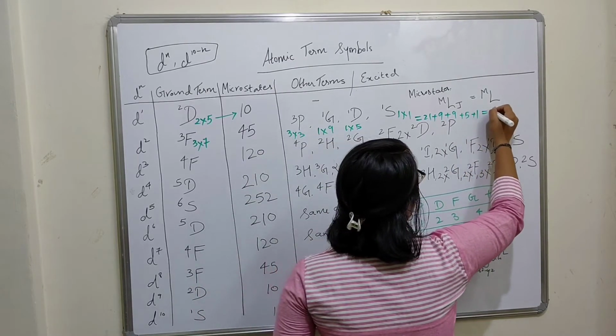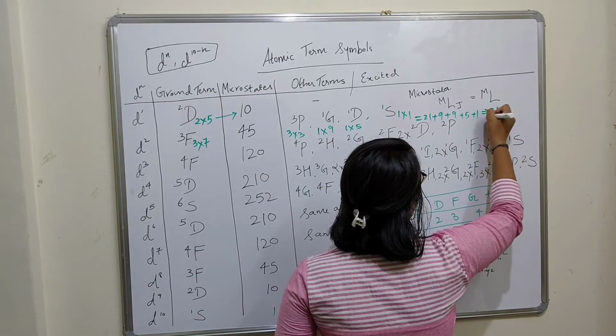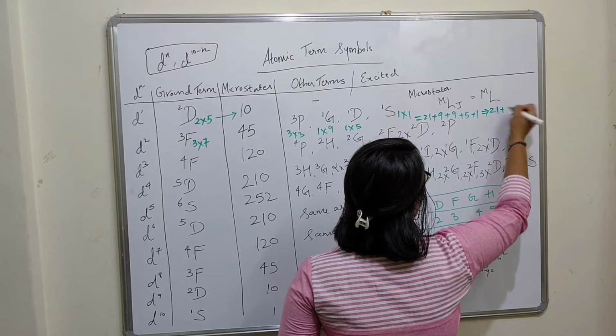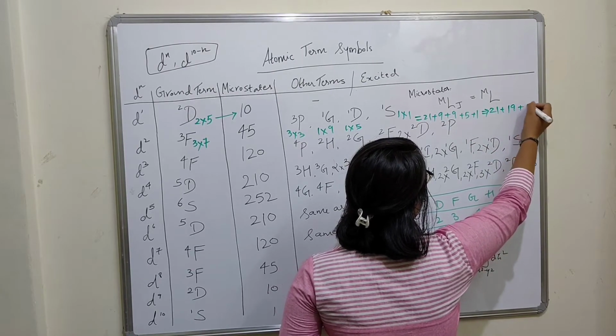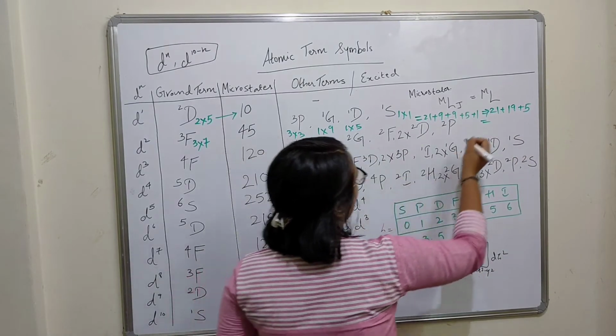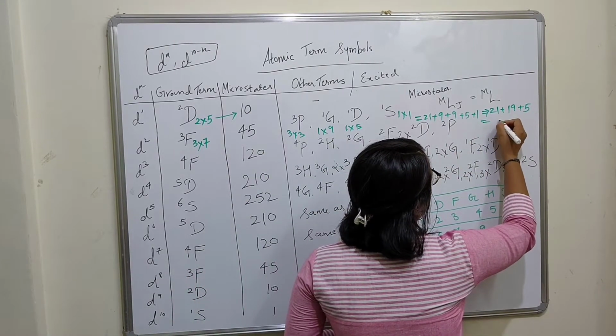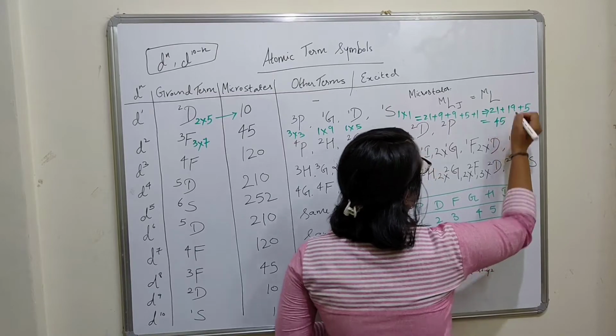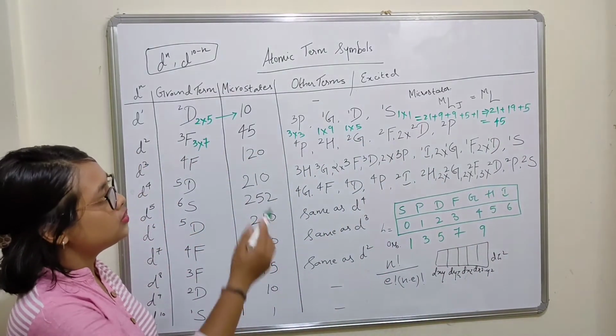So 21 plus 18, then 39 plus 5 plus 1. Now you can calculate it. It's very easy. Directly your answer is going to be 45.